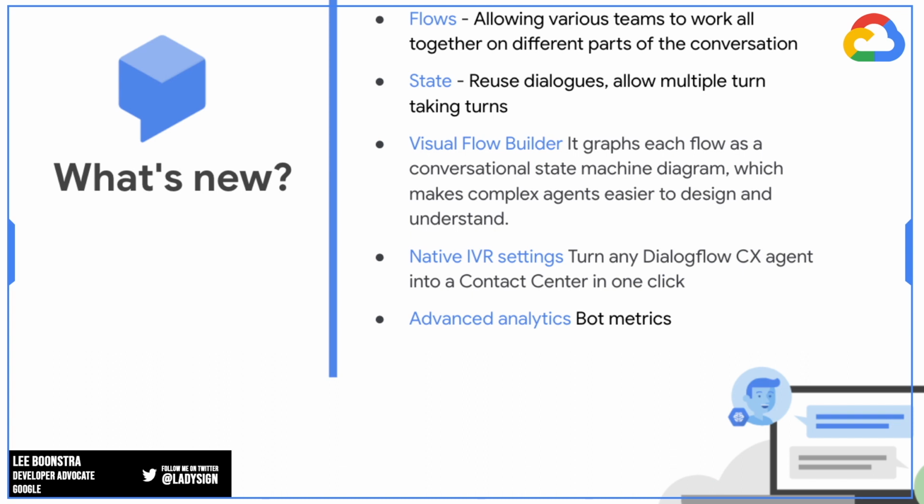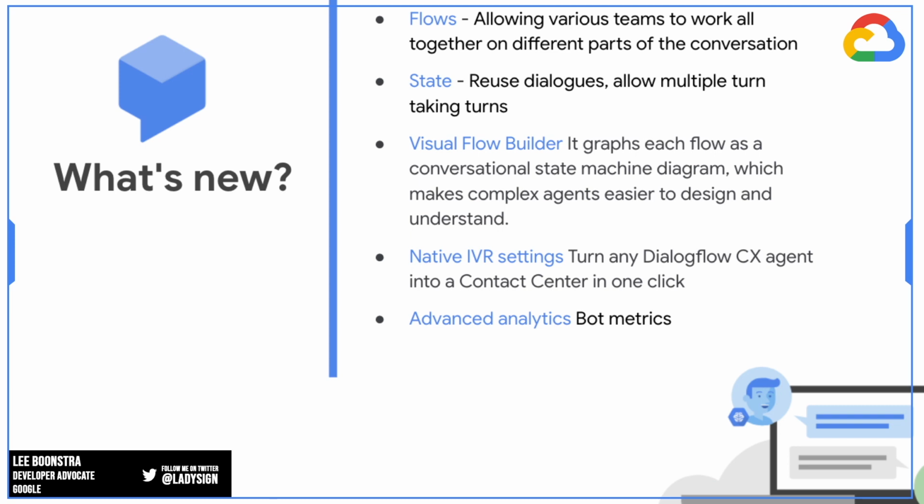Now, as you have seen already in the previous demo video, it also contains a visual flow builder. This graphs each flow as a conversational state machine diagram, which makes complex agents easier to design and also understand. So for maintainability, this is a great tool to use.